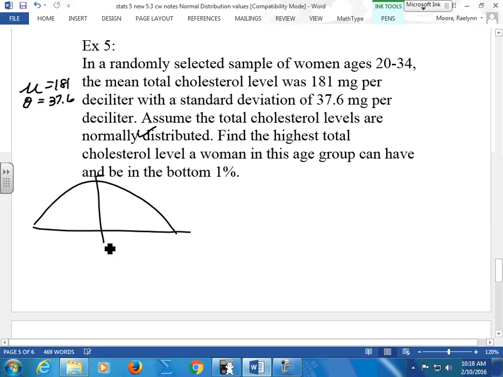All right, so let's make a chart. And let's talk about this one as well. I must be the rebel because I never agree with what they do. So here's your mean, 181. We're going to add 37.6.